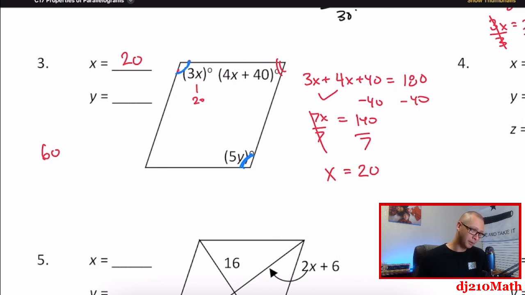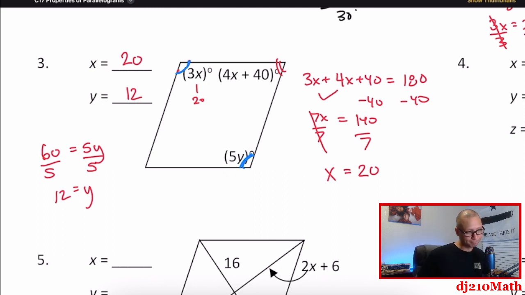The measure of the angles are going to be equal. So 60 is equal to 5y. Solving for y. Y is equal to 12. Because 5 times 12 is 60. Again, not 12 degrees, right? Y is equal to 12. The angle is 60 degrees.